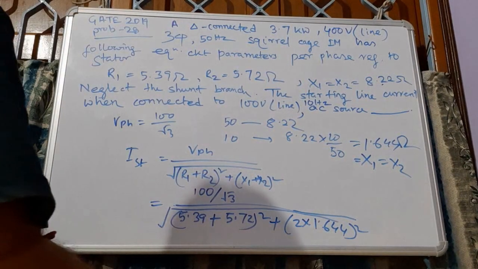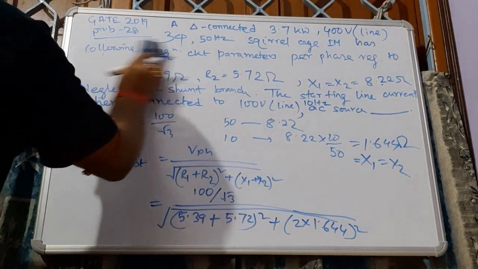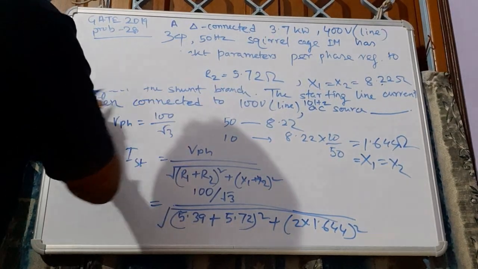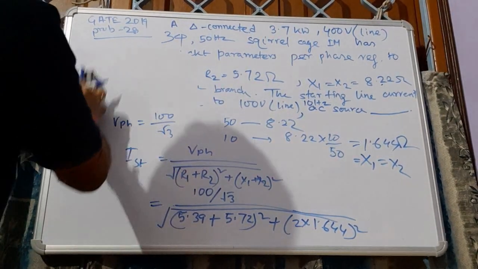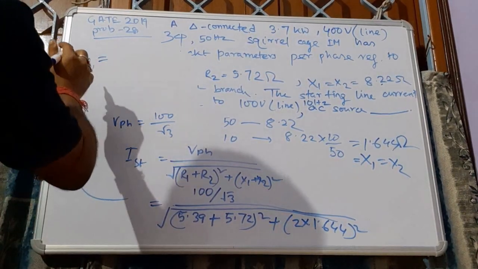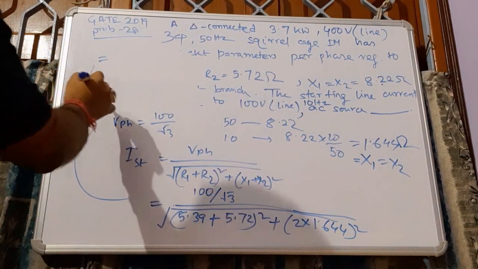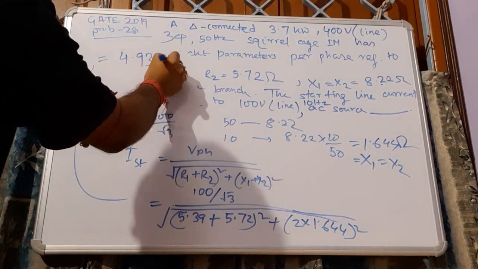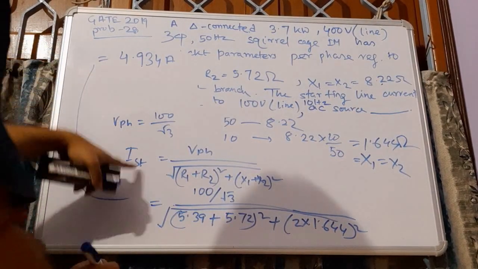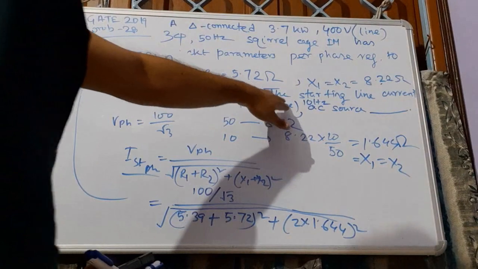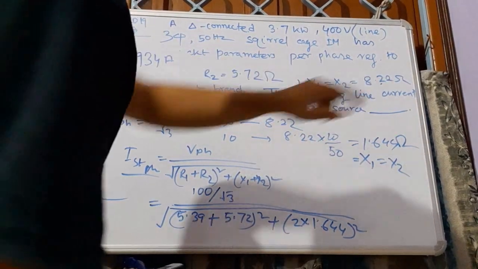So I'm just erasing this part. So this will be equal to 4.934 amps. So this is the phase current, and our question is for starting line current.